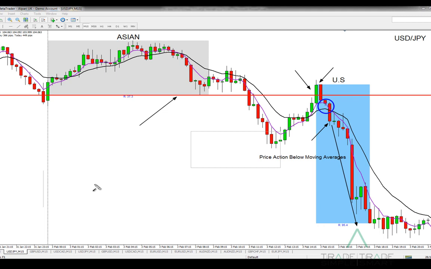So this is a guideline, it's not a set in stone rule, but the more evidence and the more confirmation that you receive that the short-term trend of the market is moving in our expected direction, the higher the success rate of your trades.